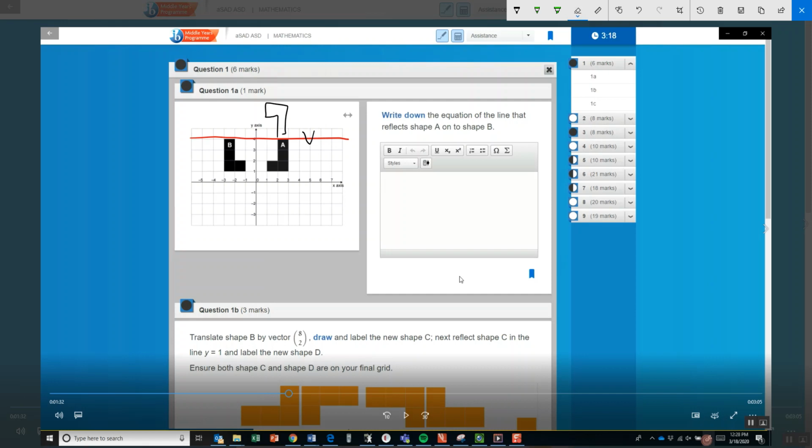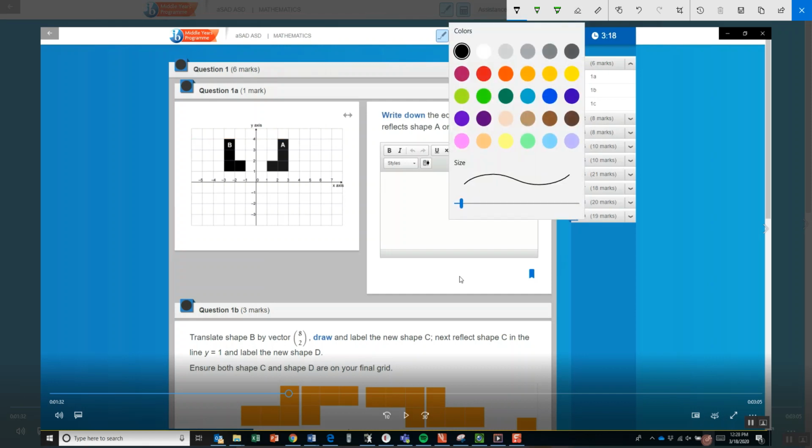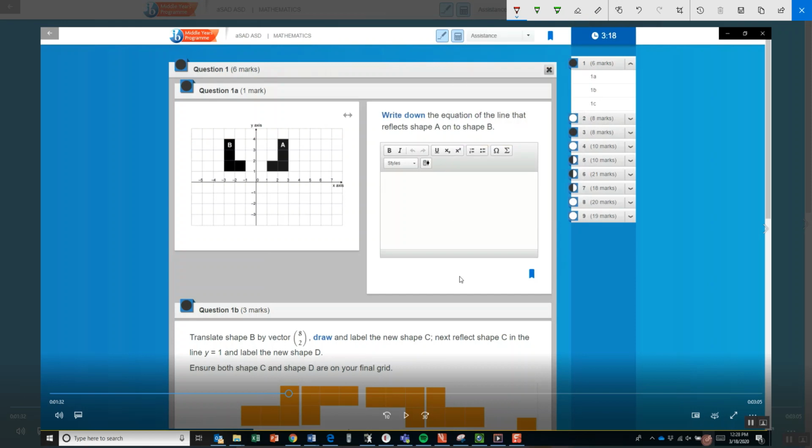Give me another idea. X equals 0? So where is x equals 0? X equals means it's going to be a vertical line. It's at x equals 0, which is going to be this line. Does that work? How far away is this point from the line, and how far away is this point from the line? 1 cube.